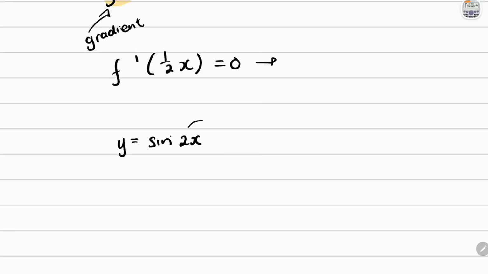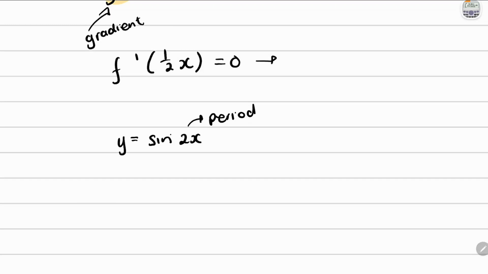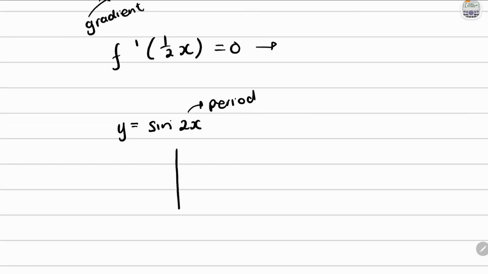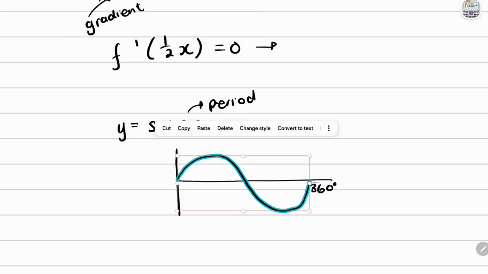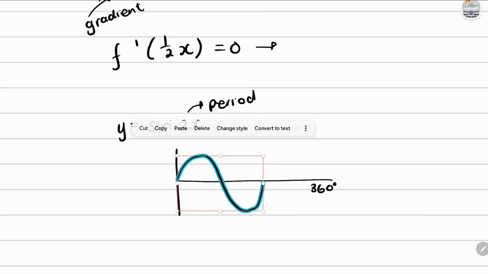It changes the period of the graph. A sine graph usually takes 360 degrees to complete one cycle. But the minute you put a 2 here, it makes your graph narrower. Instead of completing a cycle in 360 degrees, it would complete it in half the amount of degrees, really. It's going to complete the cycle in 180 degrees.